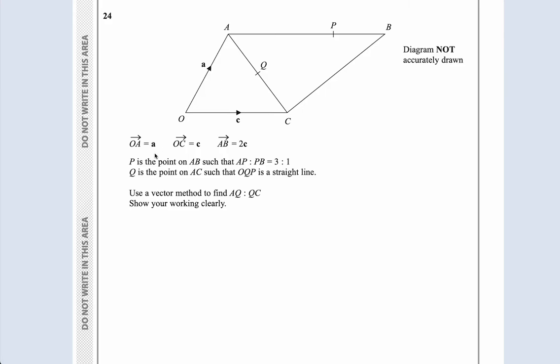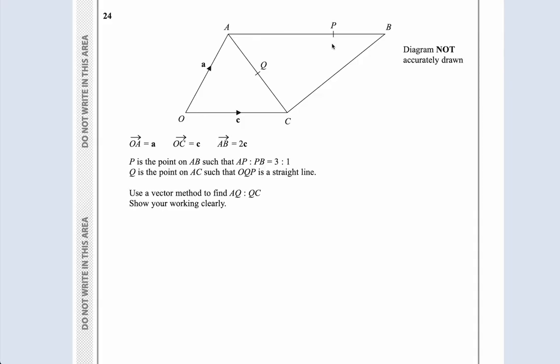But let's do it. So that's OA, that's OC is c, and AB is 2c. So this is 2c. And then it says P is the point such that AP to PB is 3 to 1. So this is our 3 to 1.